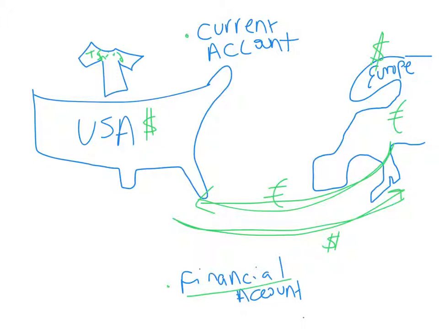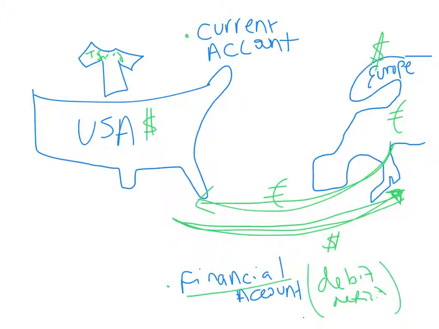So in the financial account, if we just look at this transaction, we're tracing the dollars because we're talking about the financial and current accounts of the United States. So in the financial account, money's leaving, it's an outflow, so it's a debit on the financial account. So the financial account might be in deficit at this point.